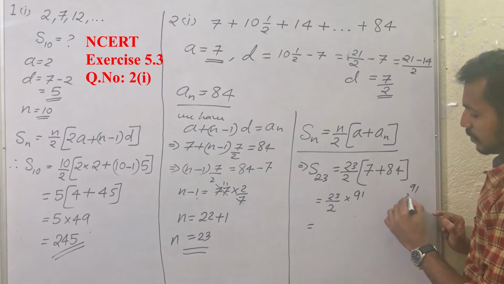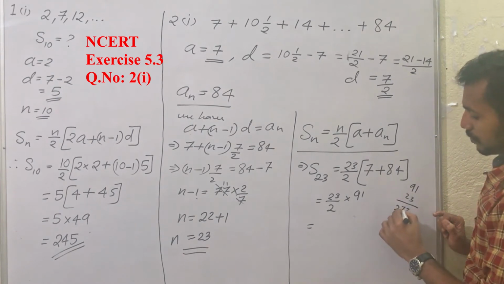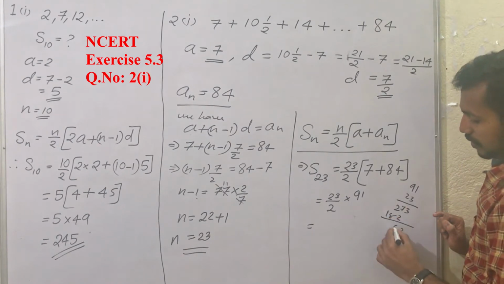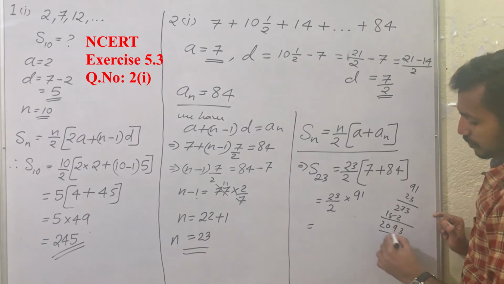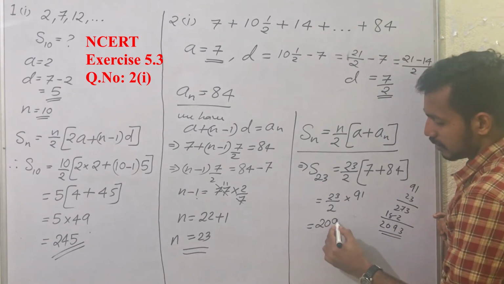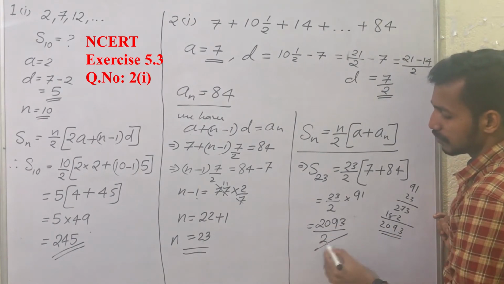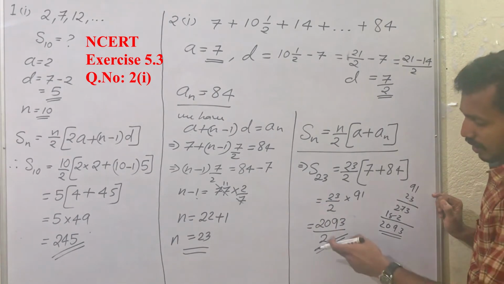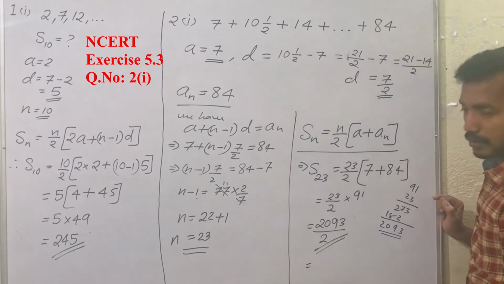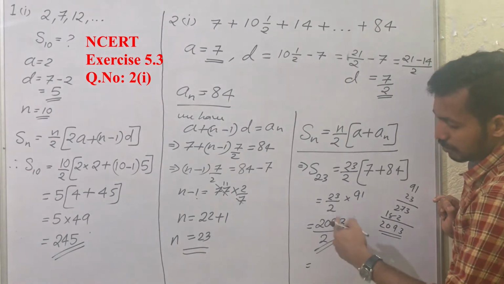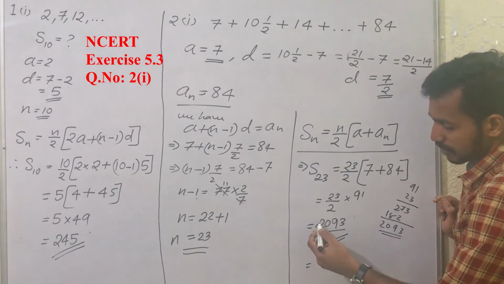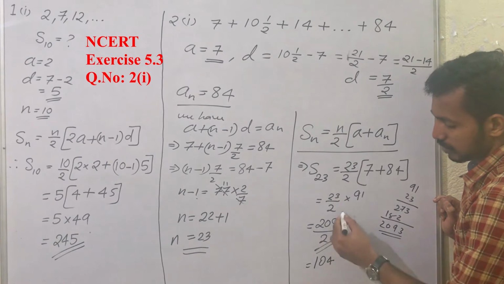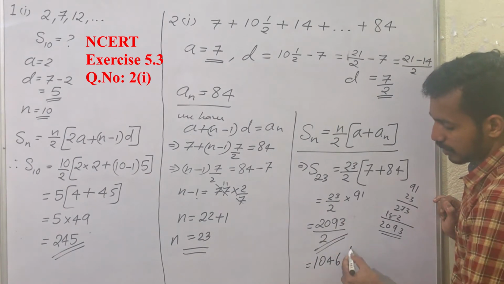Just multiply it and we get 2093 by 2. This is the sum of the first 23 terms. It is an improper fraction, so we can convert it into a mixed fraction: 1046 1/2.